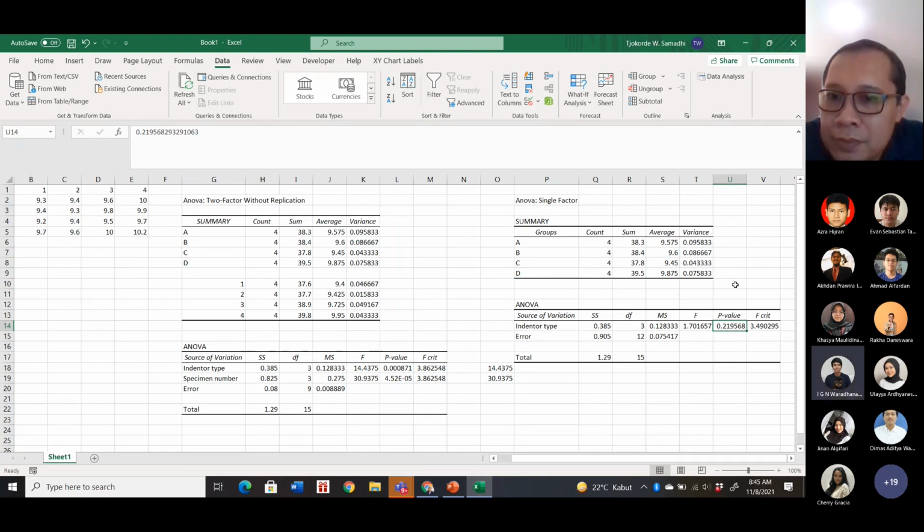Not significant, sir. It is not significant, right? Just like what you do in any hypothesis test. If you interpret the hypothesis test result based on the p-value, if the p-value is smaller than alpha, then we reject H0. We reject the null hypothesis.